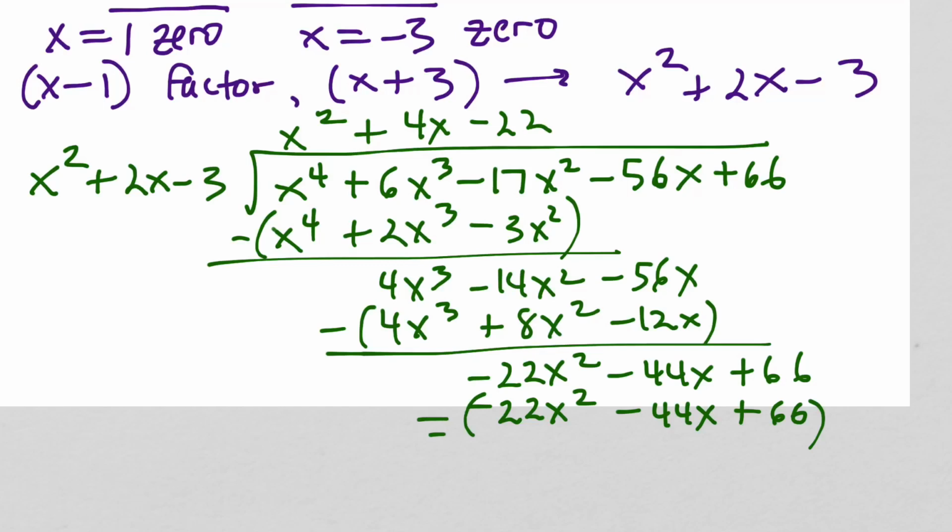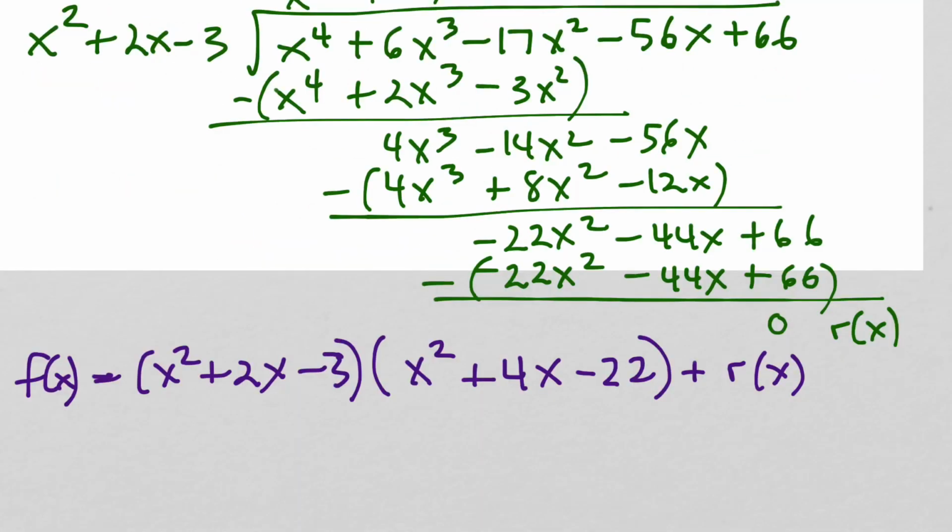And that looks good because that subtracts to 0. So we've reinforced the idea that x squared plus 2x minus 3 is a factor of this 4th order polynomial because the remainder is 0. And if this is a factor, then this is the other factor. All right? Okay, so I wrote it down here. So instead of writing out that whole 4th order polynomial, I just wrote f of x, so I had room.